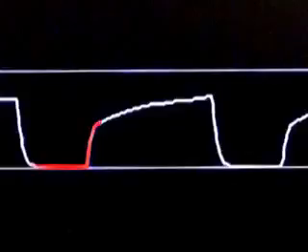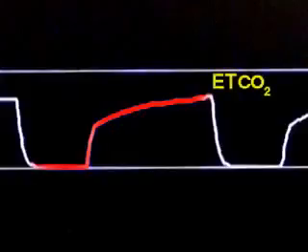However, the concentration of carbon dioxide in the exhaled gas will rise rapidly and plateau as the alveoli begin to empty. As exhalation proceeds, the concentration of carbon dioxide remains high and increases slightly. The peak concentration reached at the end of exhalation is the EtCO2.